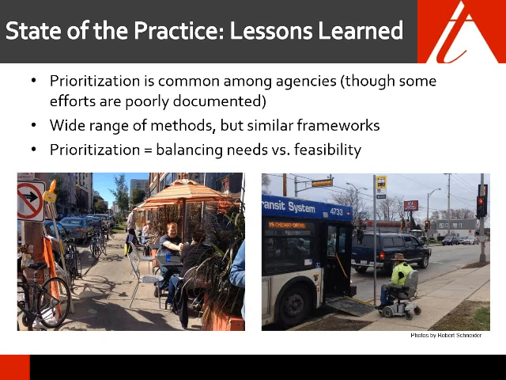So generally, they were balancing the needs for improvements, for improving things like safety and connectivity and equity. And they were balancing that versus the feasibility of doing projects. Was there funding through a grant opportunity or through a repaving project to do an improvement? And so that balance was part of the prioritization that we wanted to work into our tool.